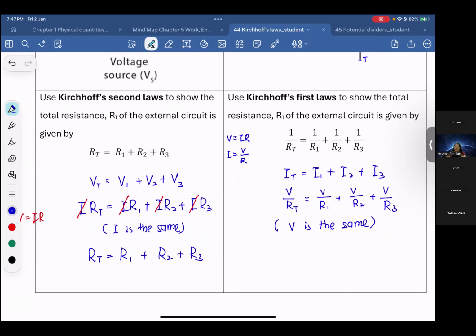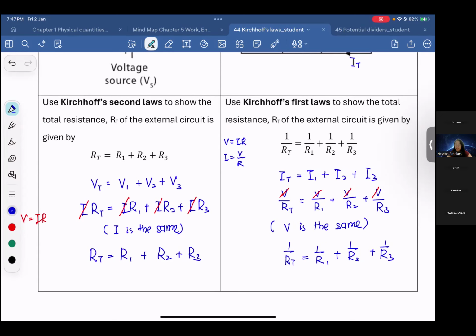In a parallel path, the potential difference is the same. So if you factorize it, the voltages can cancel. So at the end, 1 over R total equals 1 over R1 plus 1 over R2 plus 1 over R3. Proof.